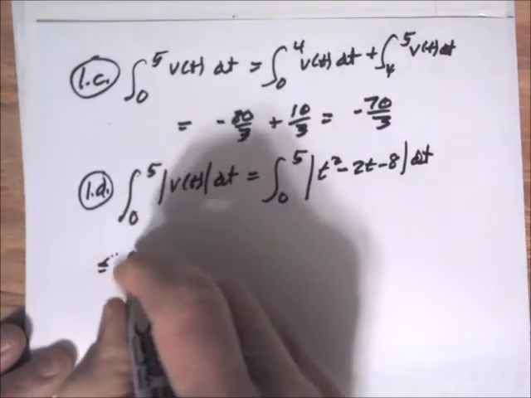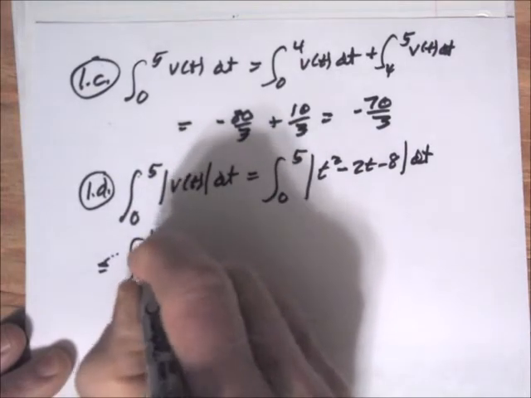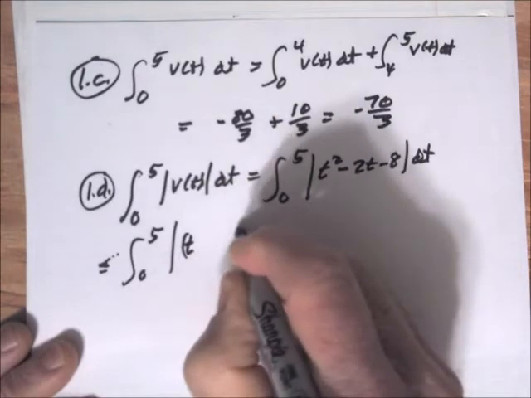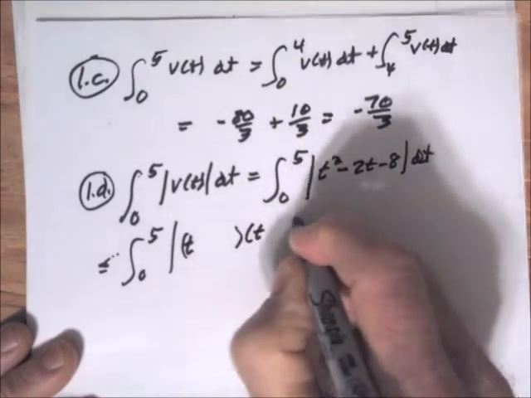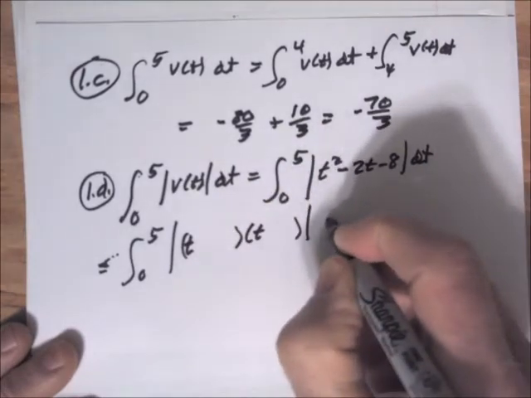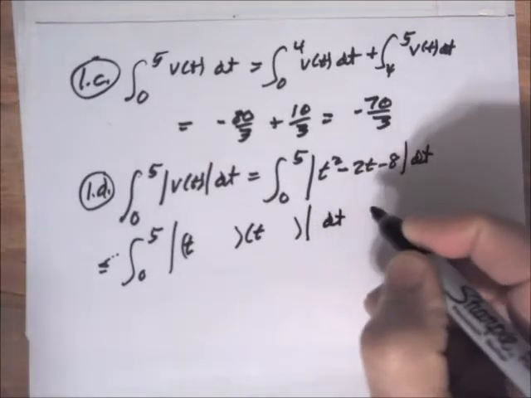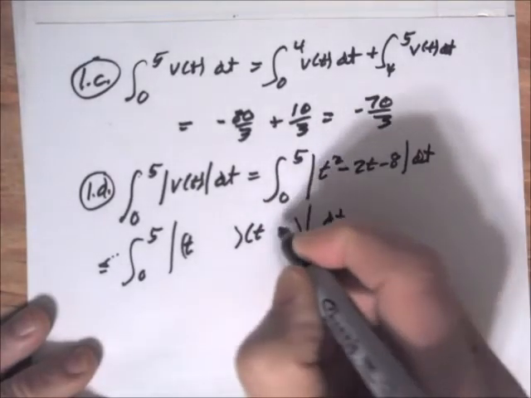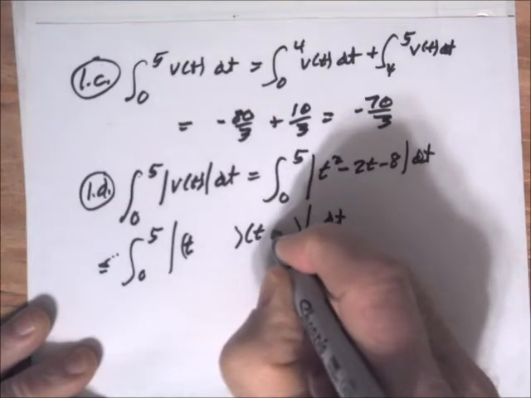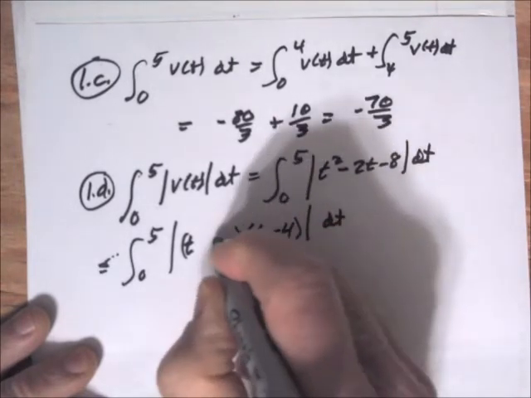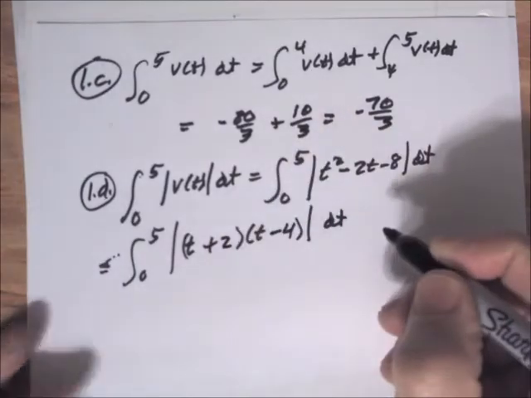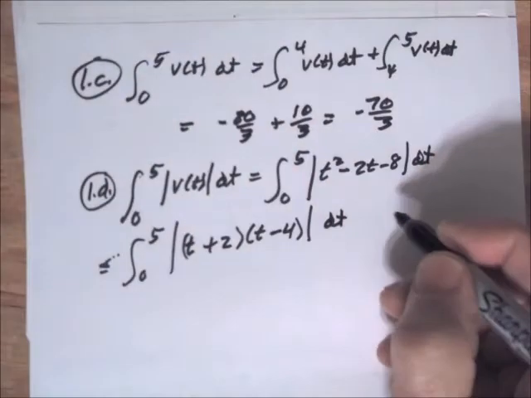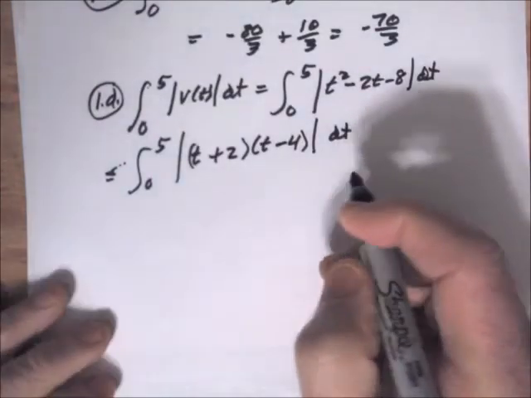And we can factor this inside the absolute value from 0 to 5. t times t gives us t squared. We need two numbers that multiply to negative 8 and add up to negative 2, so negative 4 and plus 2 should do it. Okay, so let's look at the sign here.